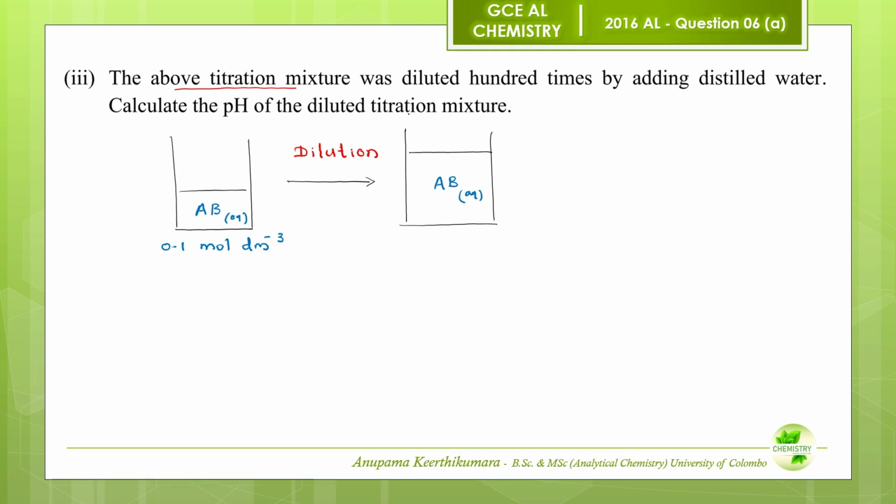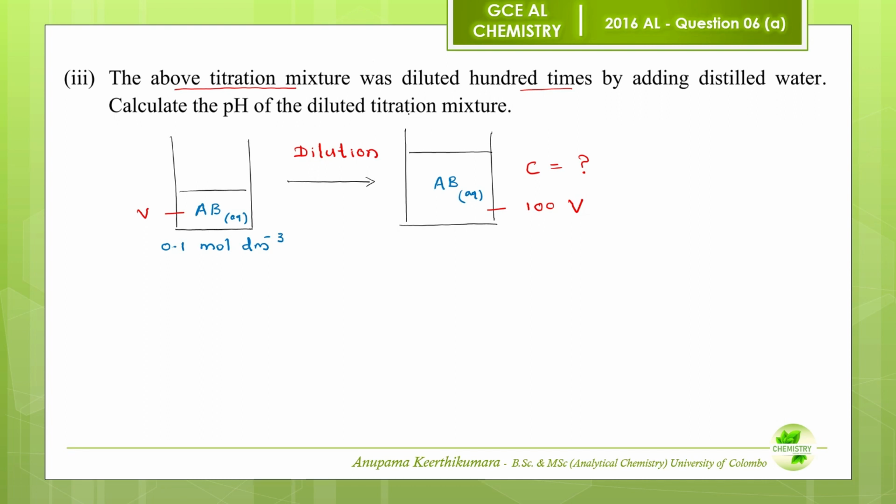Now, it is a 100 times dilution. That means if the initial volume is V, the new volume is 100 V. And we need to calculate the concentration of this diluted salt solution.